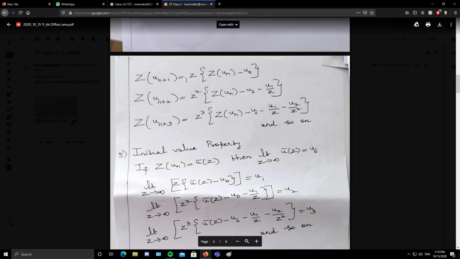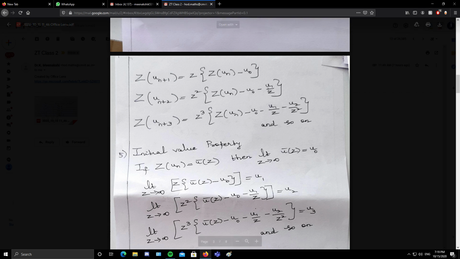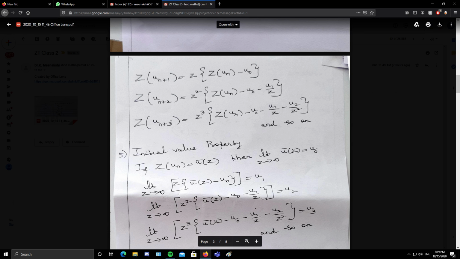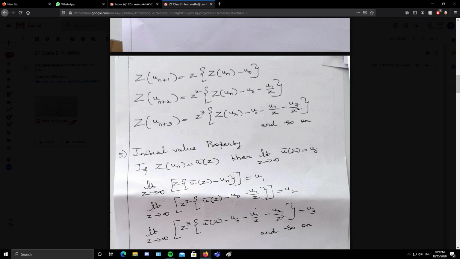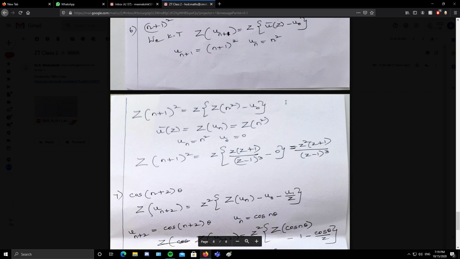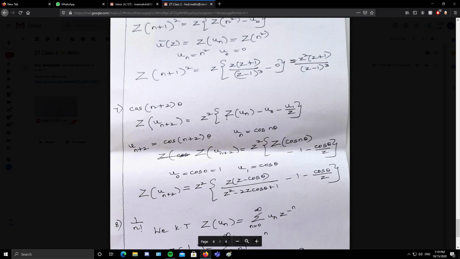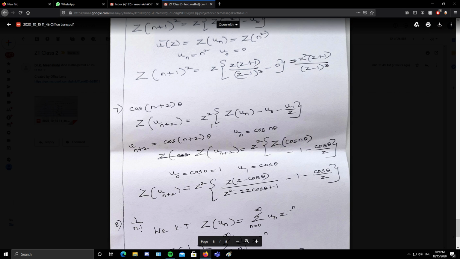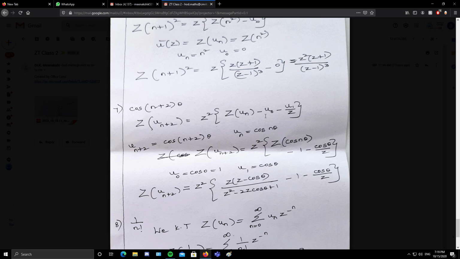So if it is u(n+1), it ends with u naught. If it is u(n+2), it ends with u1 by z. If it is u(n+3), it ends with u2 by z square. So here you have z square into z of u(n+2) as z square into z of u(n) minus u naught minus u1 by z.